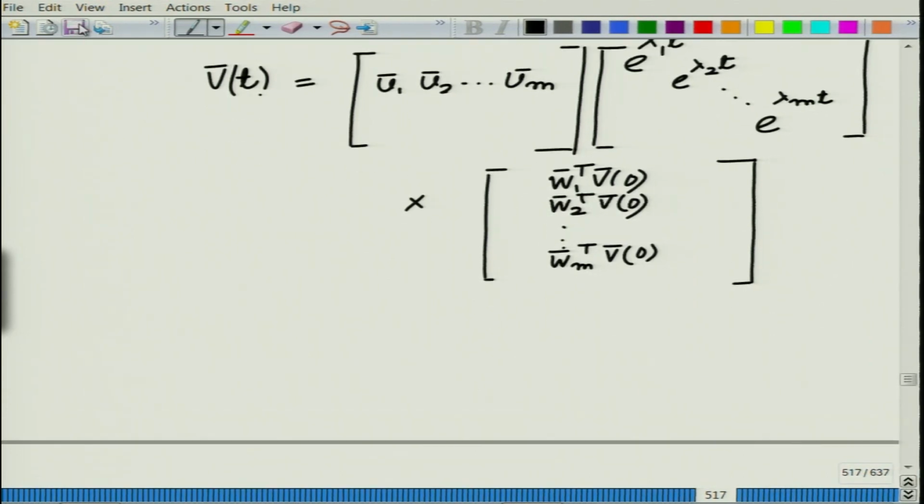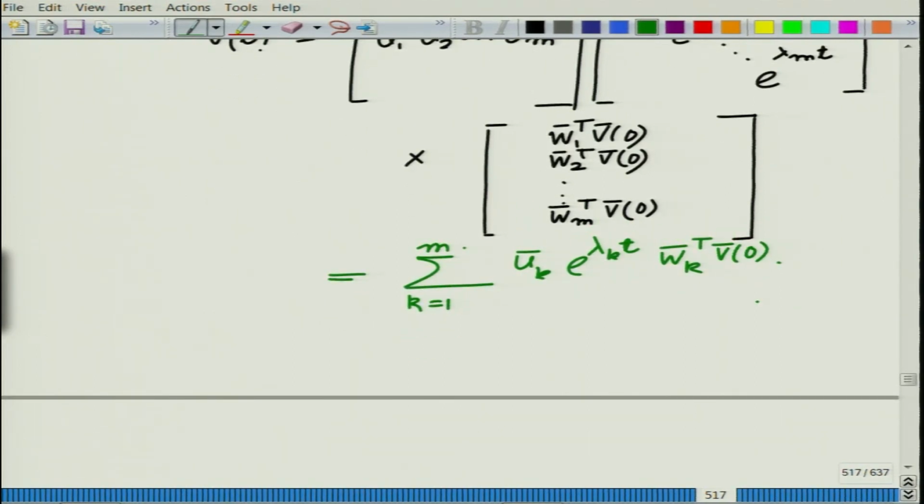This can be written as the sum over k equal to 1 to m of uk bar e raised to the power of lambda k t wk bar transpose v bar 0.